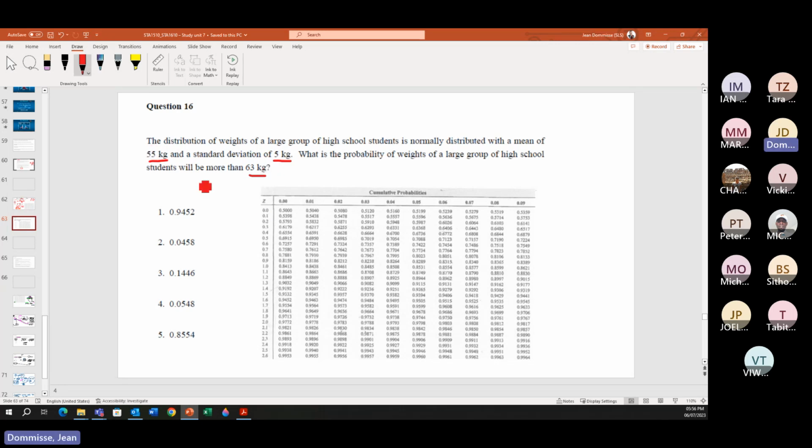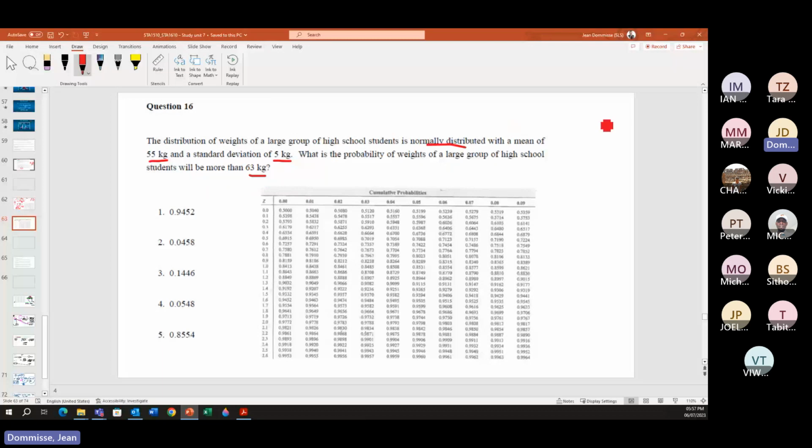Here they tell us the distribution of weights of a large group of high school students is normally distributed with a mean and standard deviation. What is the probability that a high school student will be more than 63 kilograms?